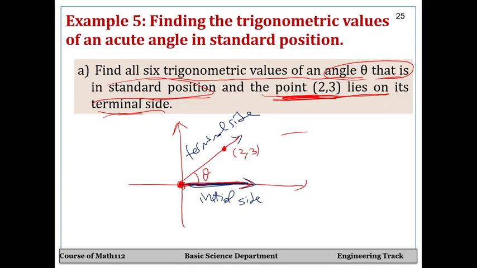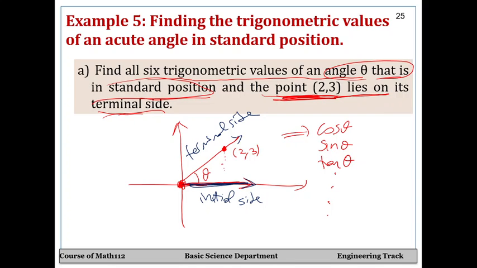So by using this, can we find cosine theta, sine theta, tangent theta, and the others? Now, if it's in the first quadrant, you will see later this theta can be in other quadrants, but for now, the examples here will be in the first quadrant.